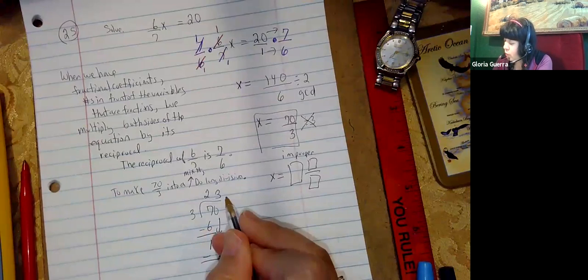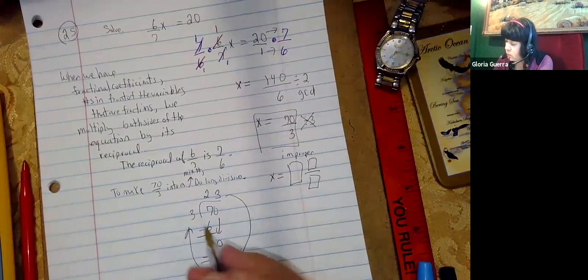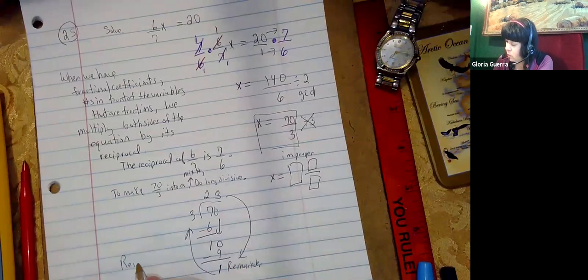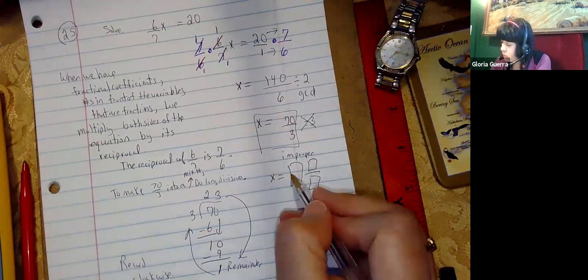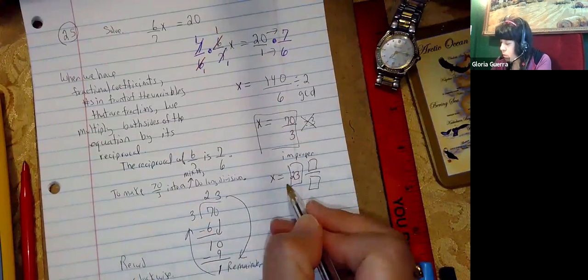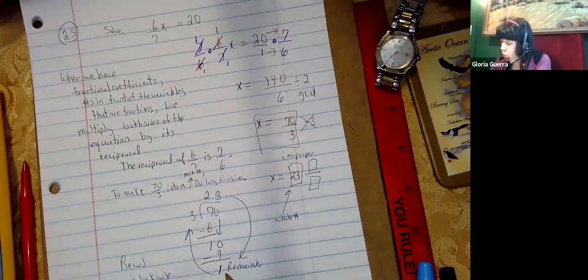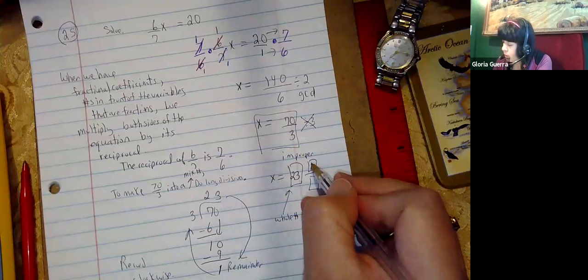And then you record it like this, clockwise, the movement of the clock. So this 23 becomes your quotient, and your quotient becomes your whole number. The remainder becomes your new numerator.